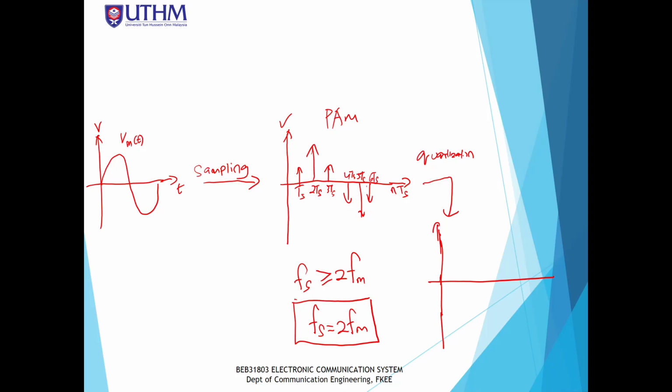Okay, so what happens when we do the quantization? For example, here I'm using 4 levels of quantization, starting from Q0, Q1, Q2, and also Q3. This is still voltage versus n Ts.